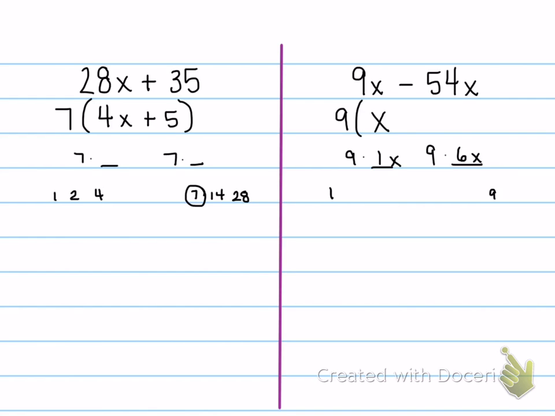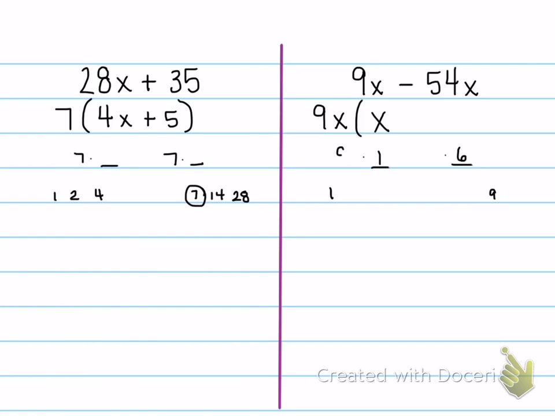Now that is weird. So when I look at that, I have to realize that I should have, from the very beginning, not just taken 9 out, but taken 9x out. So that changes all of the parts of the expression here.